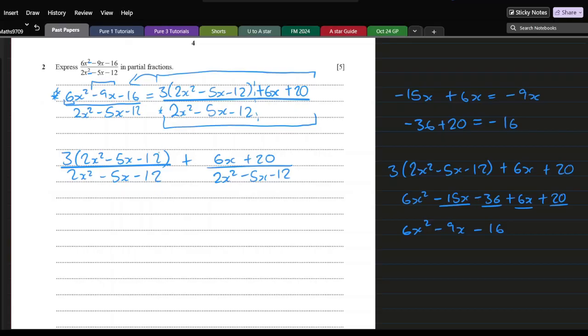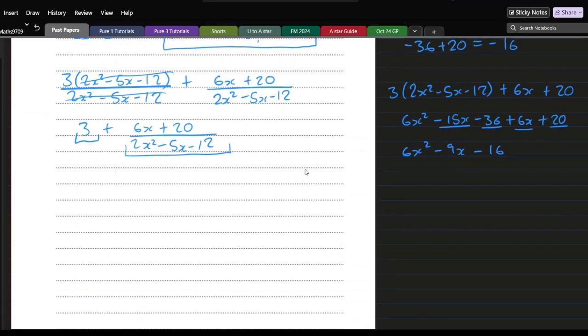Here on the left we can cancel out and we end up with 3 plus (6x plus 20) over (2x squared minus 5x minus 12). The goal of this was just to get this constant, so that we can end up with a fraction that is proper. Alternatively, you can use long division if you prefer that.